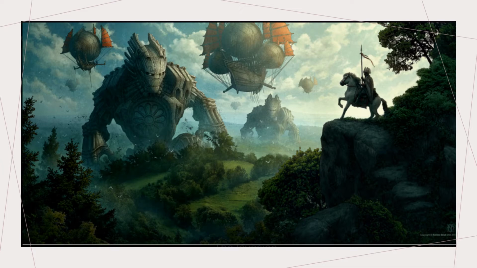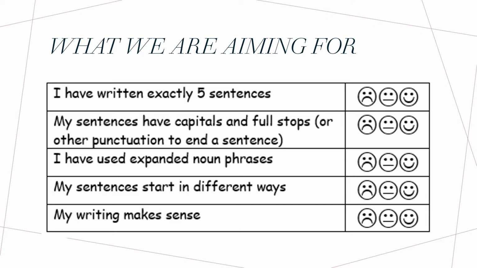Okay, I'm going to go through the slides in order. I'm just going to pause on this one and show you what we're going to be working on today on our last day. All of these things we've done already: we've written 5 sentences, we've made sure hopefully that they have capital letters and full stops or maybe other punctuation.